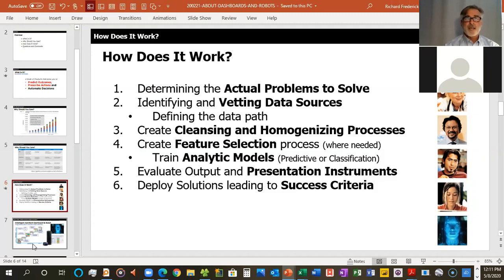solve. And then we bring in, with those problems, a team of people, and we'll go through the team here in a little bit, to help identify our data sources, define the data path, then create cleansing and homogenizing processes, which is the vetting of the data sources.